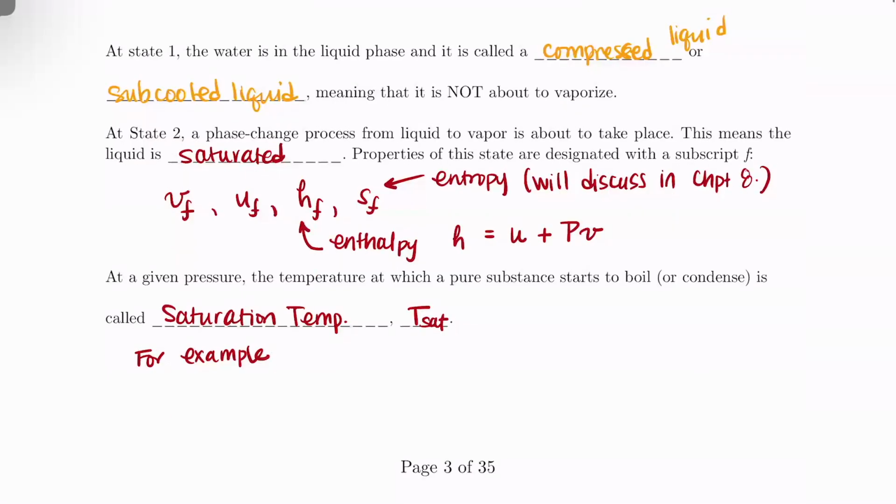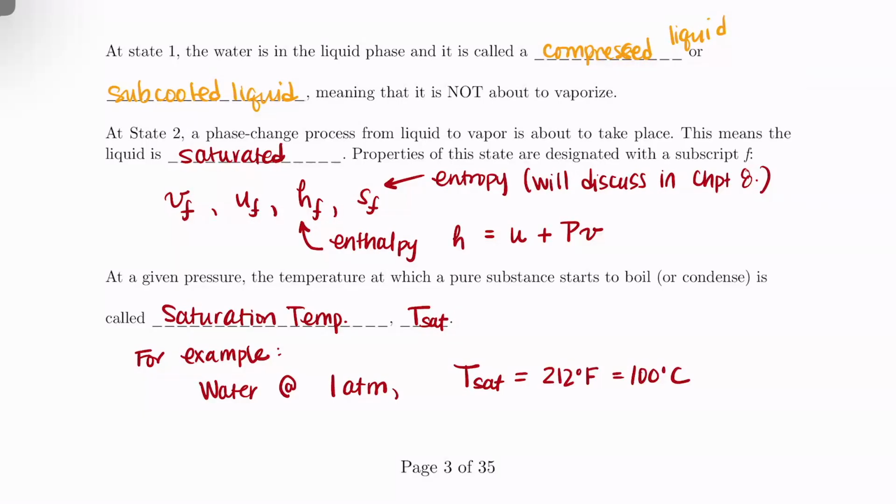But for example, water at a pressure of 1 atmosphere, the saturation temperature, does anybody know what it is? So what's the temperature that water will either boil or condense at standard pressure? Not a trick. Oh yes, 212 Fahrenheit or 100 C, right?